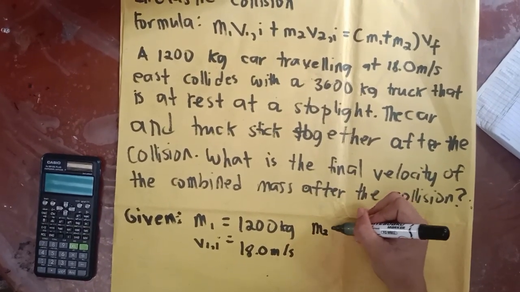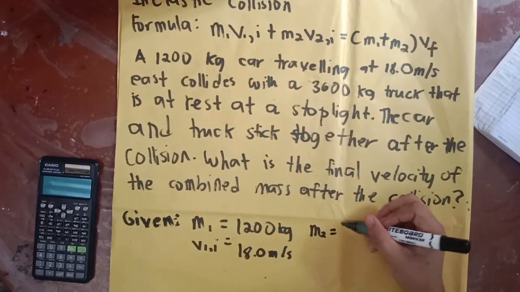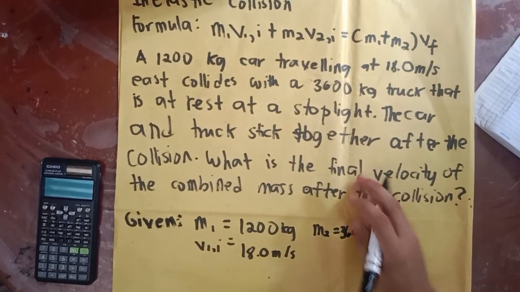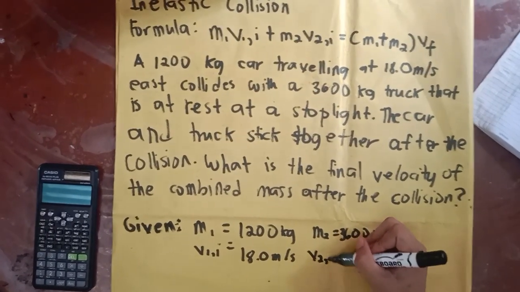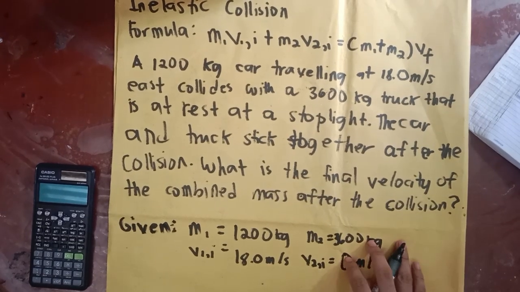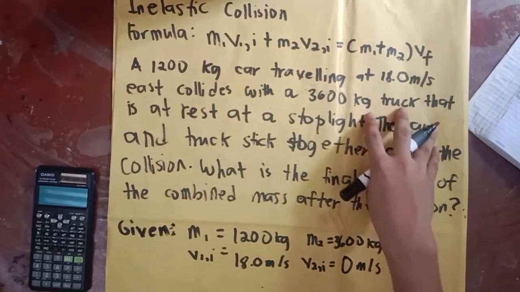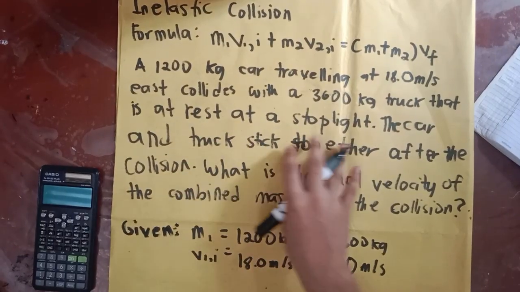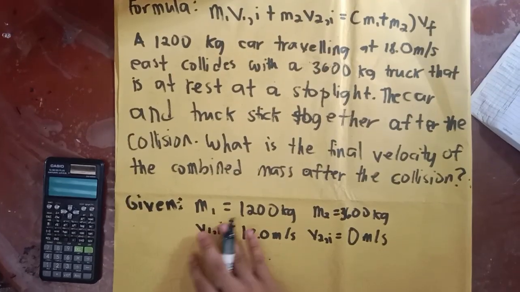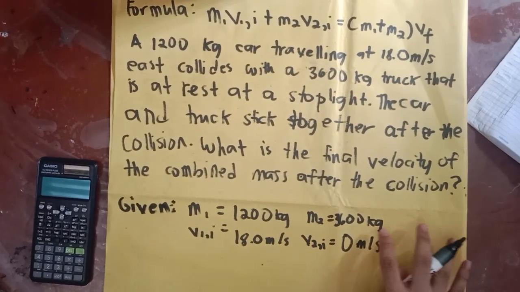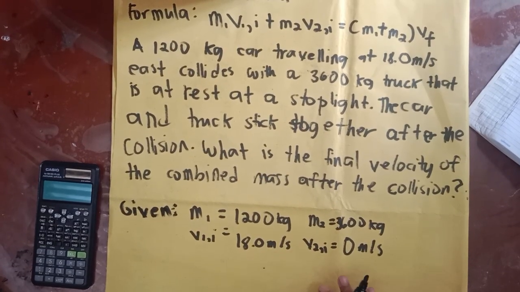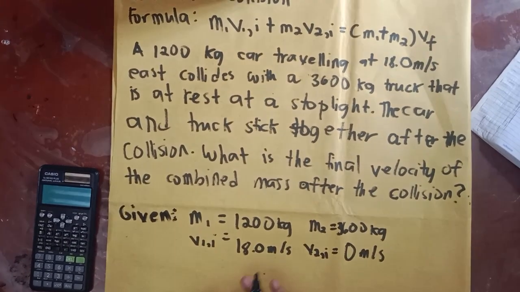M2 is equal to 3,600 kilograms. Our V2I is equal to 0. It's 0 because the second car is at rest at the stoplight. So at rest means 0. So this is our given. M1 is 1,200 kilograms, M2 is 3,600 kilograms, V1I is 18.0 meters per second, and our V2I is 0.